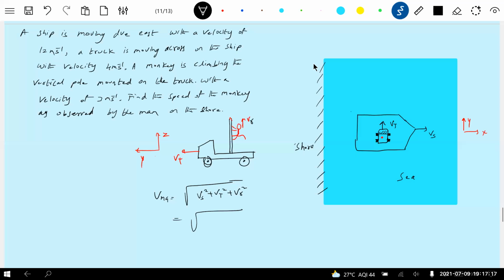This is the velocity of the monkey with respect to ground or shore. Root 13? Somebody gave an answer. Not root 13, sir, 13? Yes.